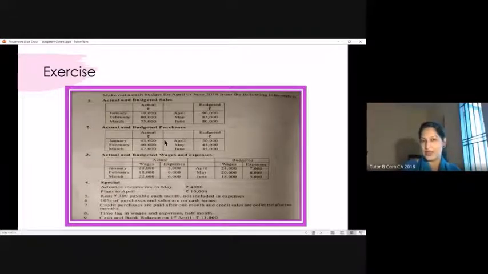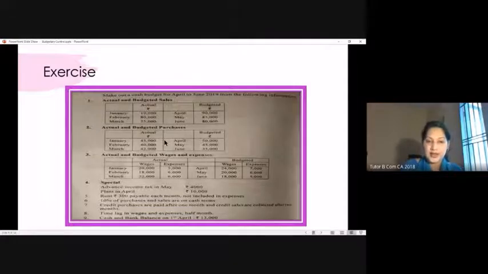So we need to show that on the spot in the receipts and payments. With respect to sales, we will have a receipt. With respect to purchases, we will have payments. And when they say 10% is on cash, it is implied that the remaining 90% happens on credit, and they are going to give us some information with respect to that credit.